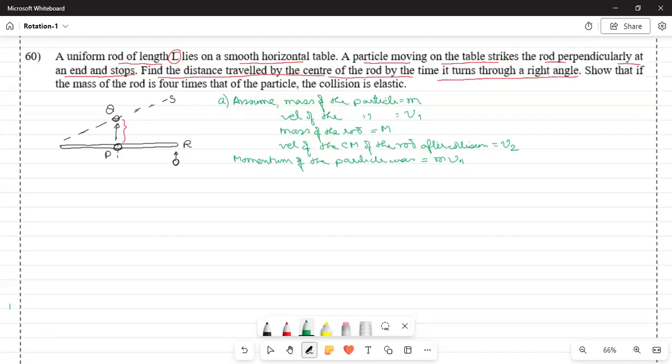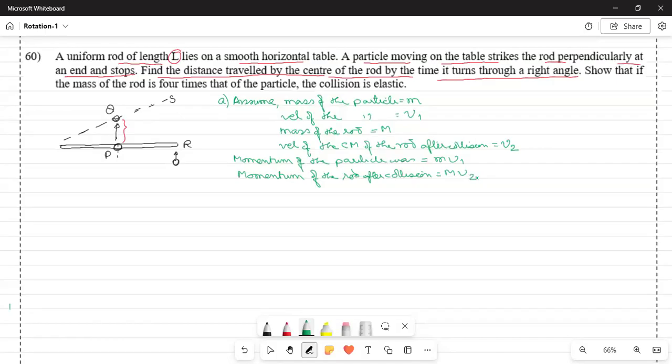And the momentum of the rod after collision is equal to capital M V2.